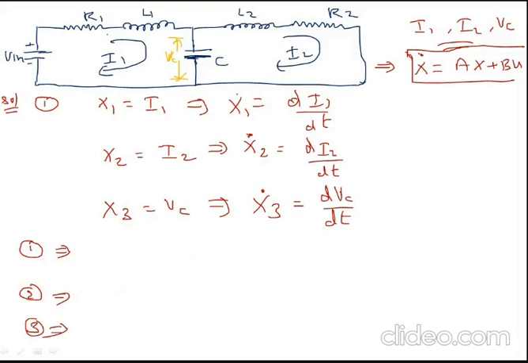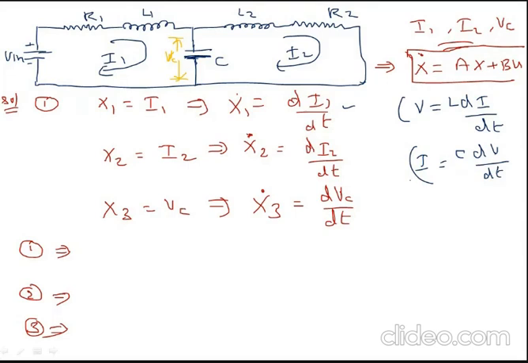So to get dI1 by dt, always remember, you need to use this expression: voltage across inductor is equal to L into di by dt. And to get the voltage derivative, you need to write the expression for current, I is equal to C into dV by dt. These are the only two options.